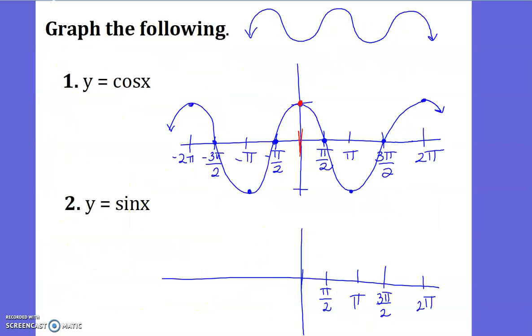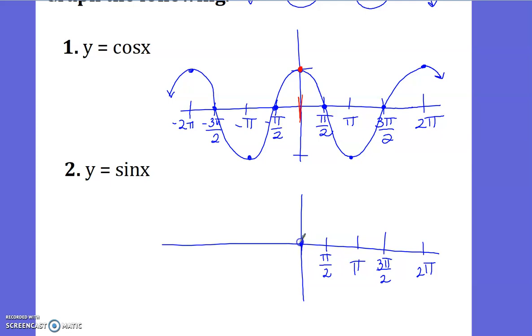Okay, so 0, 0 falls right here. Then the point pi over 2, 1 is up here, pi, 0, 3 pi over 2, -1, and then 2 pi, 0. So here's one period of the sine graph.